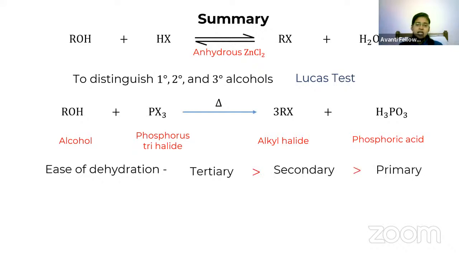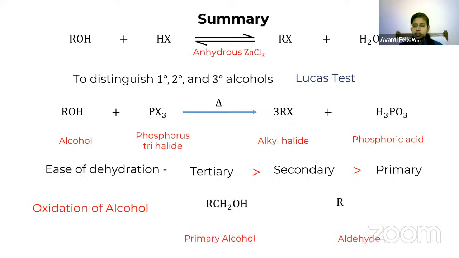Then the second type of reaction is oxidation of alcohol. If primary alcohol is getting oxidized, it will give aldehyde. A mild oxidizing agent is PCC, and we also studied some other classifications under this. So PCC is a mild oxidizing agent, CrO3 is a mild oxidizing agent, and acidified KMnO4 is a strong oxidizing agent.